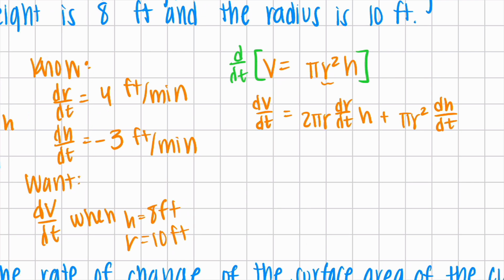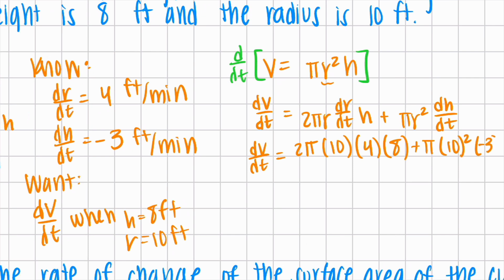Once we've taken our derivative, we can plug in. I'm solving for dV/dt. 2 pi, my r is 10, dr/dt is 4, h is 8, plus pi r squared, that's going to be 10 squared, dh/dt is negative 3.